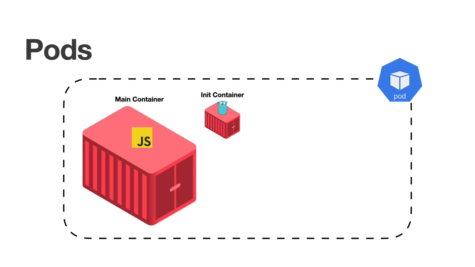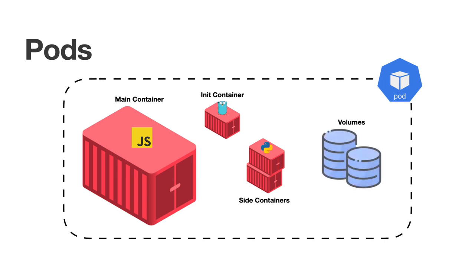And then we might or might not have some side containers. You could have one or two, and also here, whatever language that you want. Side containers are containers that support your main container. For example, you might have a container which acts as a proxy to your main container. Also within pods, we can have volumes, and this is how containers share data between them.